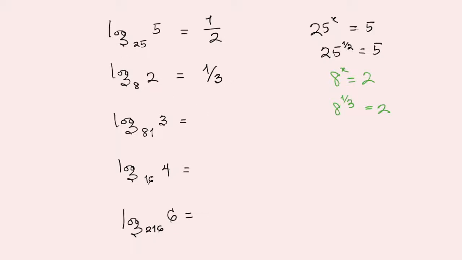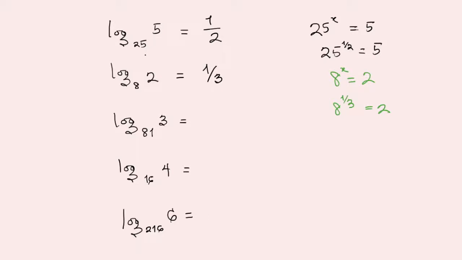Now, before I go on, let me point out what you may have missed here. You would notice that in the other cases, the base is always smaller than the number whose logarithm we're looking for. But in this case, the base is bigger than the number whose logarithm we're finding.